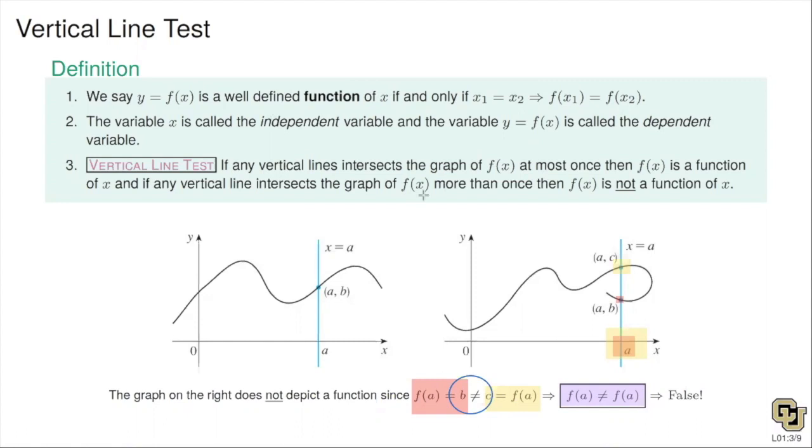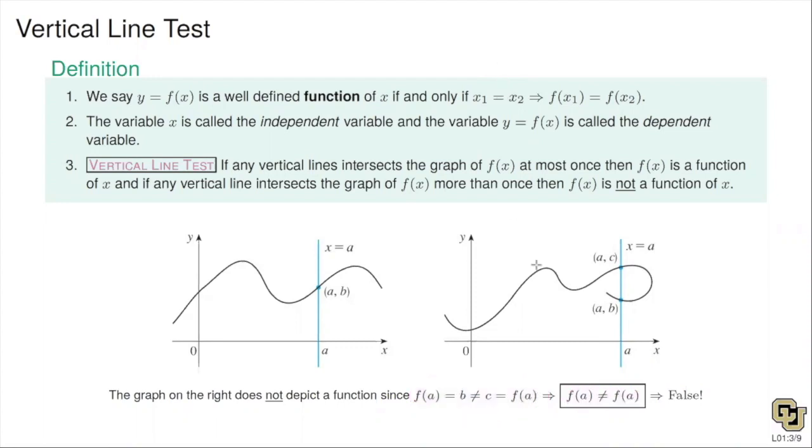We can't have one input going to two outputs. If we do that, well, then we can basically manufacture a contradiction. We can get a statement that's a false statement. And above all, in math, we want to deal with true statements. So this is the reason we need the outputs to be unique. Otherwise, we can get a contradiction.